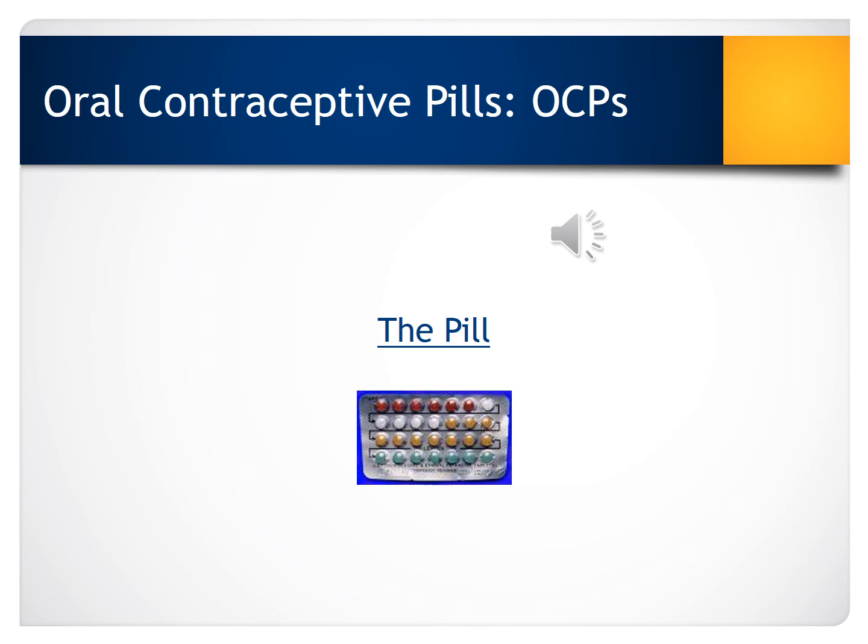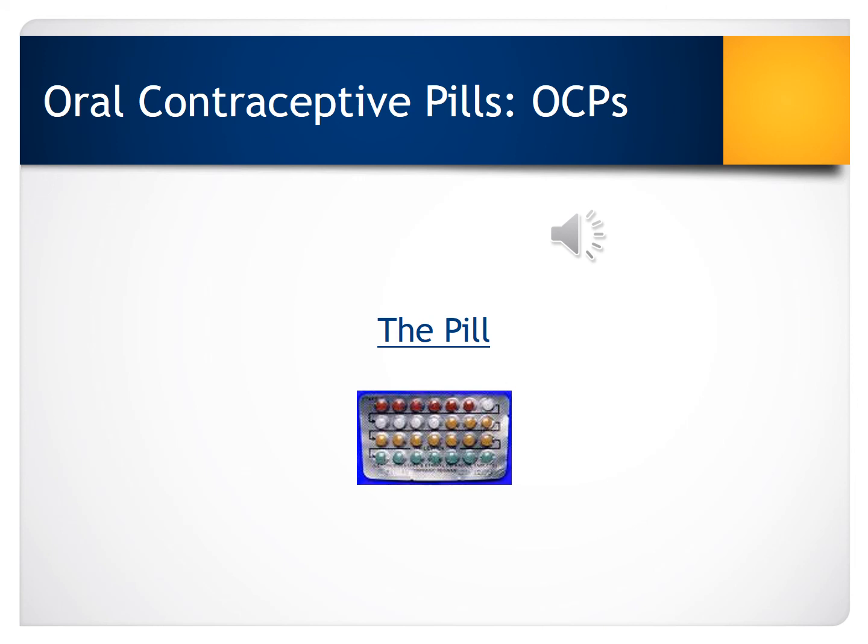We also have progestin-only pills that contain no estrogen and can be used for women who are not candidates for estrogen. So women who have a history of cancers, women who are smokers, women who are breastfeeding, because estrogen decreases milk production.